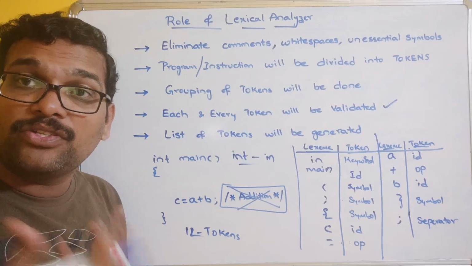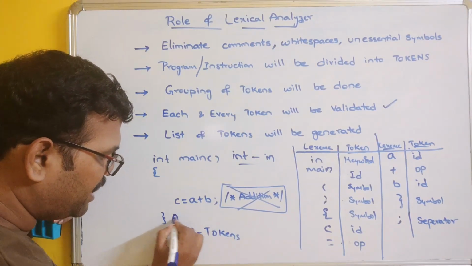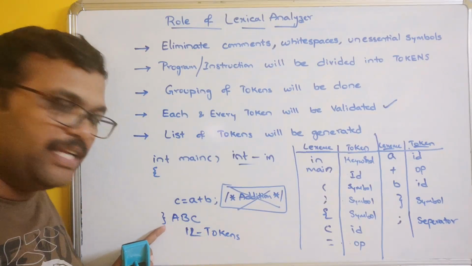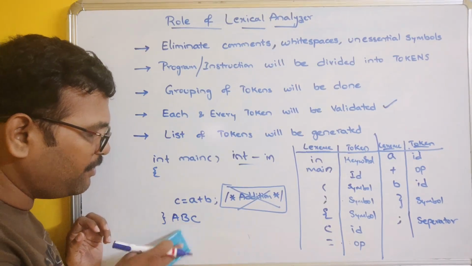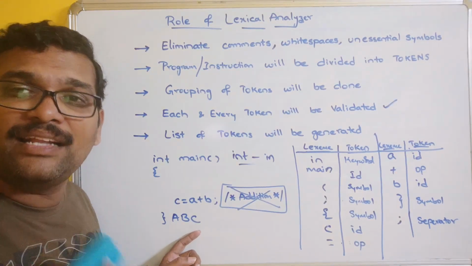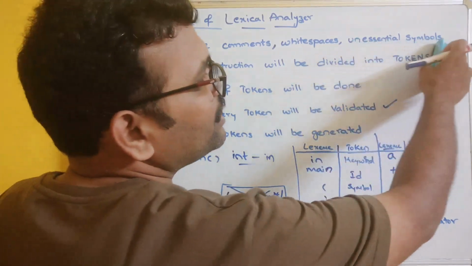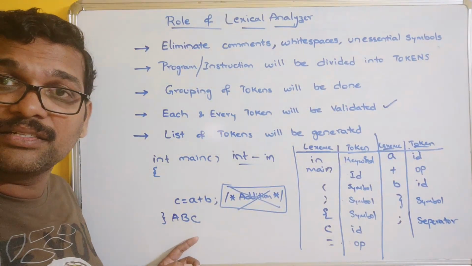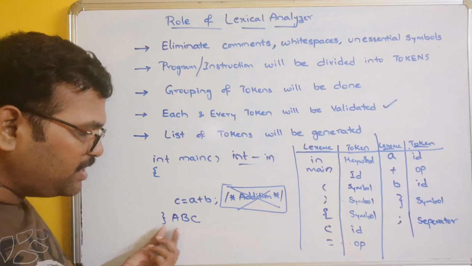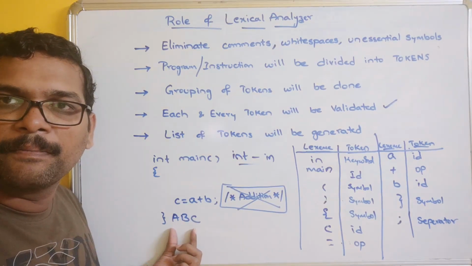Okay, and appearance of a special character, a typo mistake. If there is some A, B, C after the curly braces, this is nothing but the appearance of unnecessary symbols. So after the completion of the curly braces, these are unessential characters. This will also be removed.